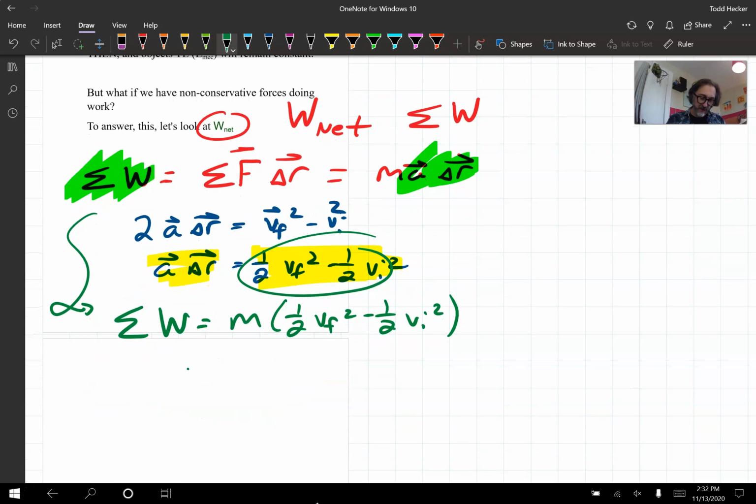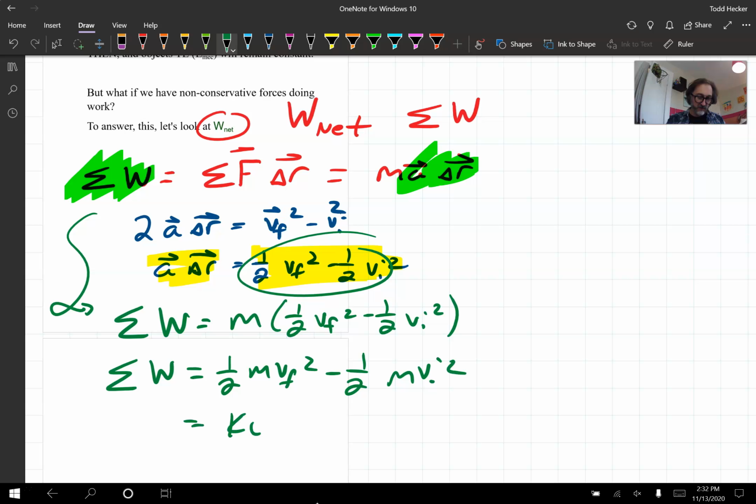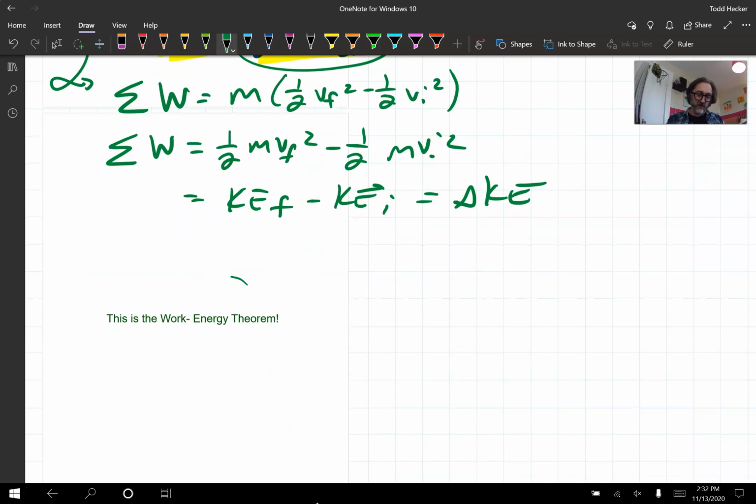Let's distribute that M. So our net work is now 1/2 mVf squared minus 1/2 mVi squared. That's final kinetic energy minus initial kinetic energy, which is change in kinetic energy. What? That's amazing. That is the work kinetic energy theorem.